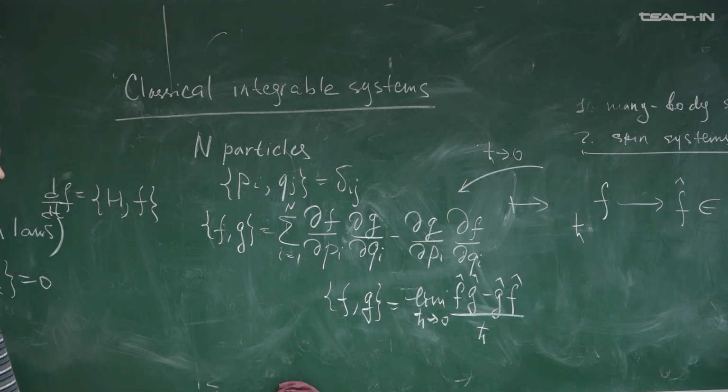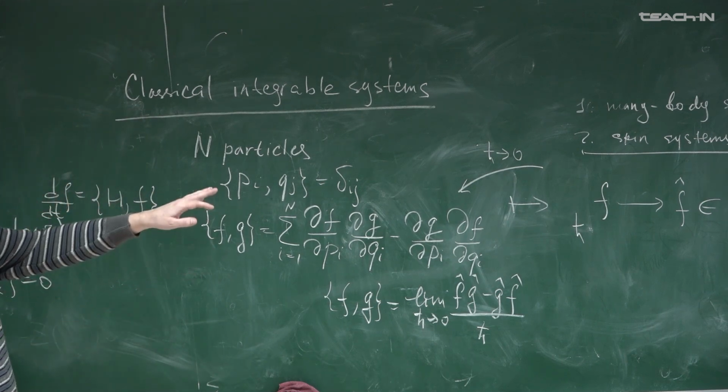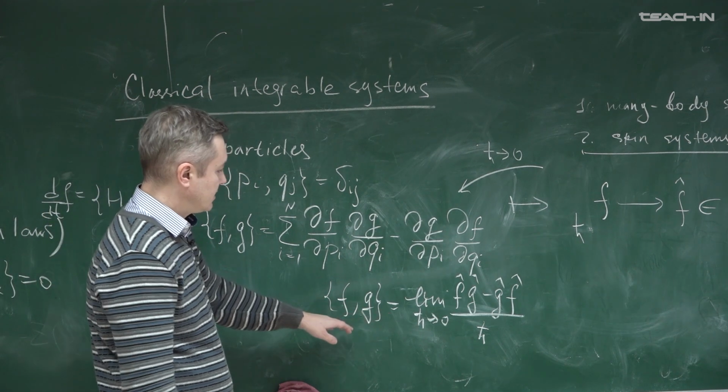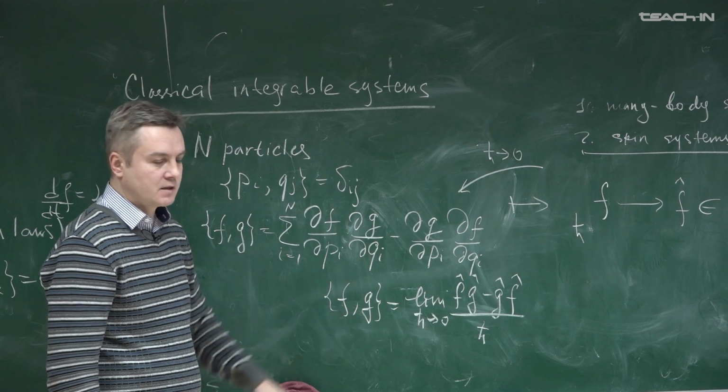So it is natural: the commutator of operators at quantum level, if you consider this limit, gives you Poisson bracket.